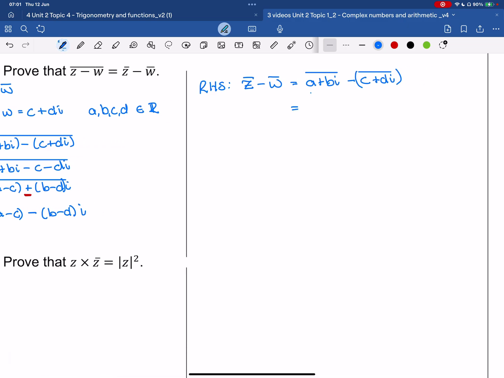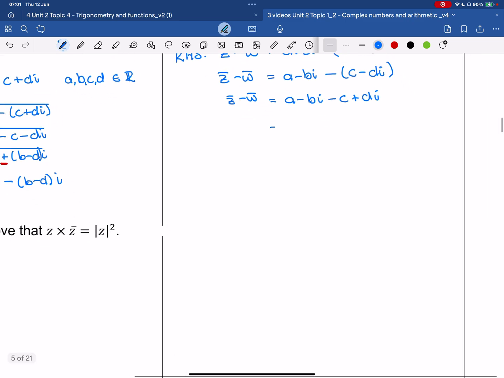I have to conjugate each of those now. So that becomes a minus bi minus c minus di. And that becomes a minus bi minus c plus di.